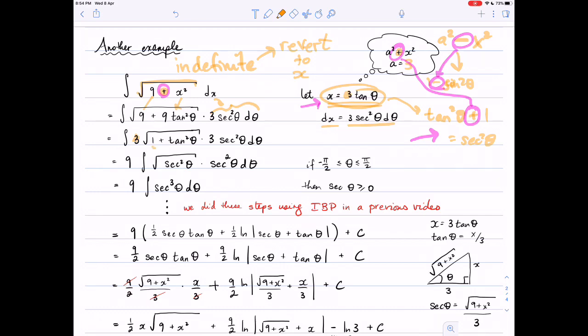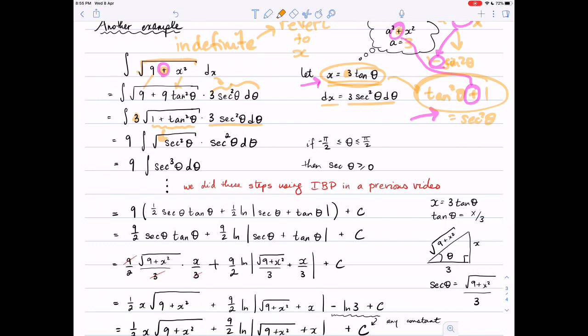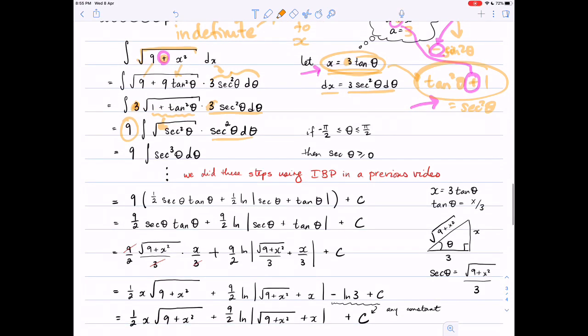What is left is 1 plus tan squared. 1 plus tan squared is the identity that I was talking about over here. That is going to give me secant squared. The 3 secant squared just gets recopied. The 3 and the 3 get pulled out in the front to become the 9. We get secant squared, the secant squared gets recopied, and now we have the same issue that we did previously.